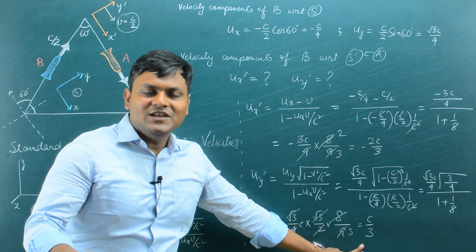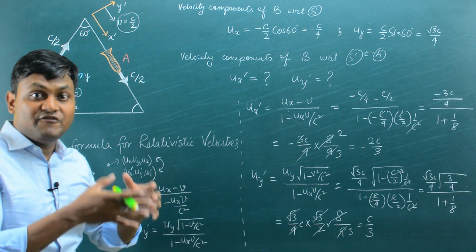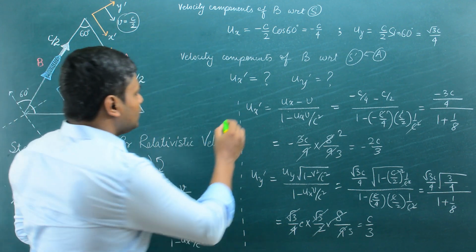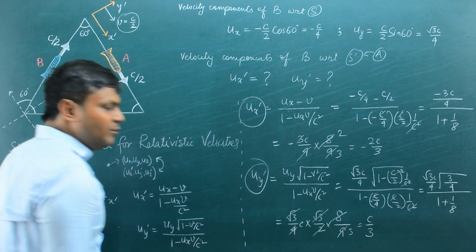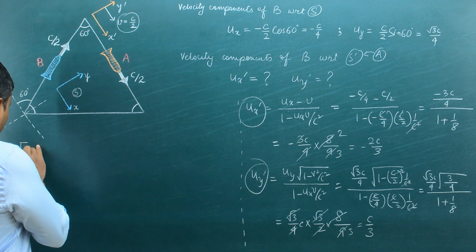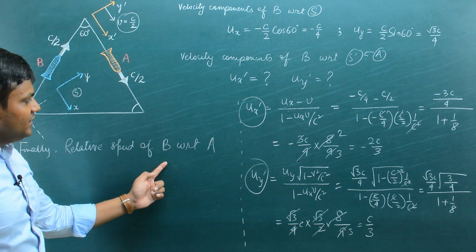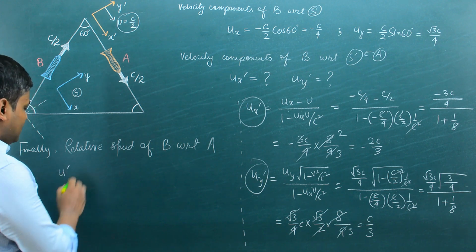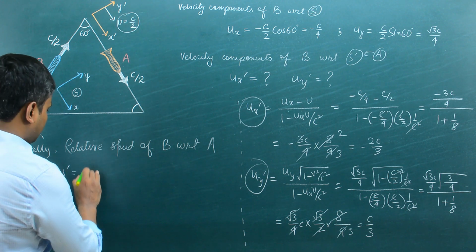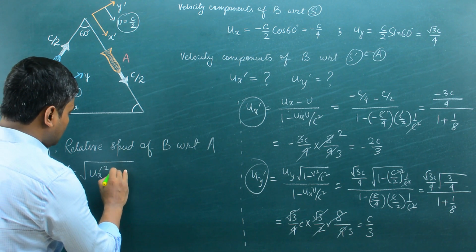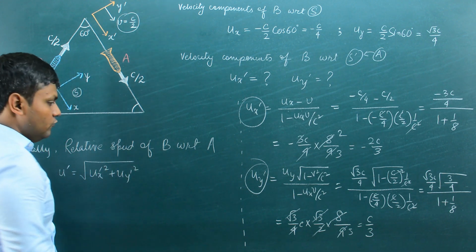So now I am only interested in the effective relative speed of b with respect to a. That can be easily calculated from these two components, right? So how do I do that? Finally, the relative speed of b with respect to a is u dash, which is nothing but the magnitude of ux dash square plus uy dash square overall, right?